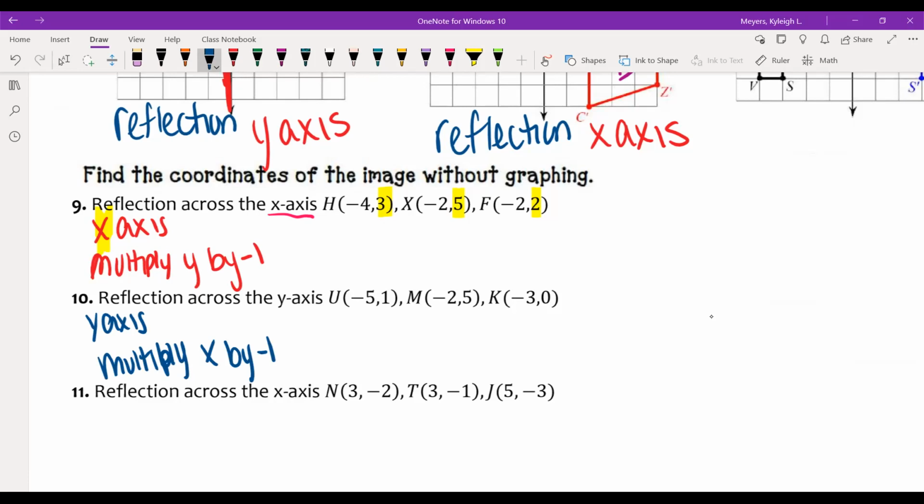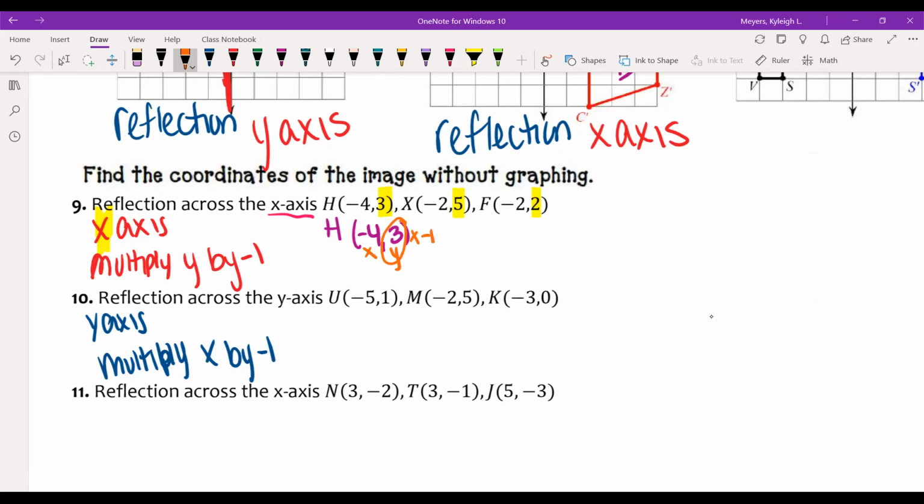So, looking at h, we have -4, 3. Remember that it's x and then y. So because we're reflecting over our x-axis, we want to multiply our y value by -1.